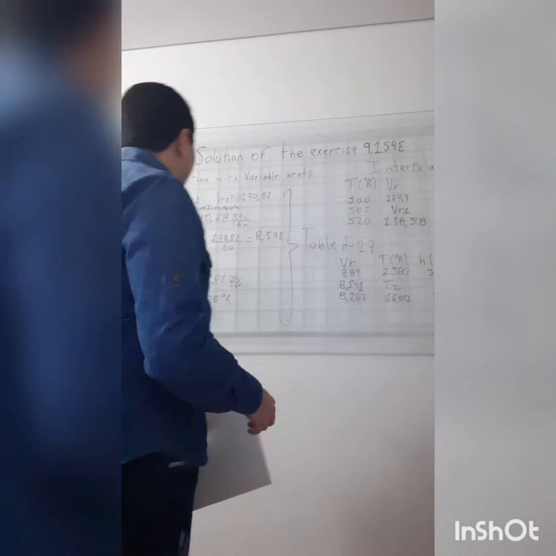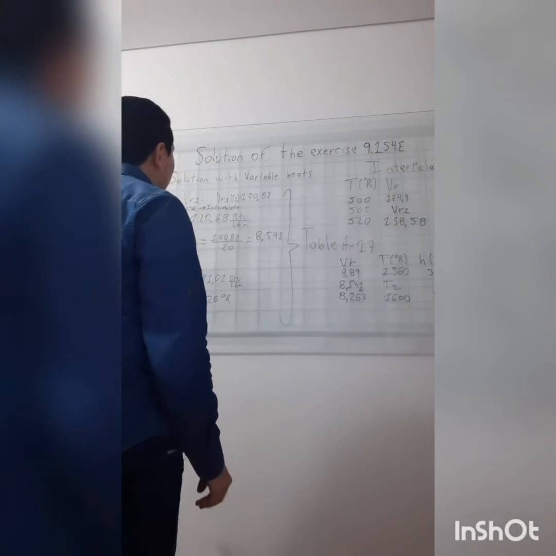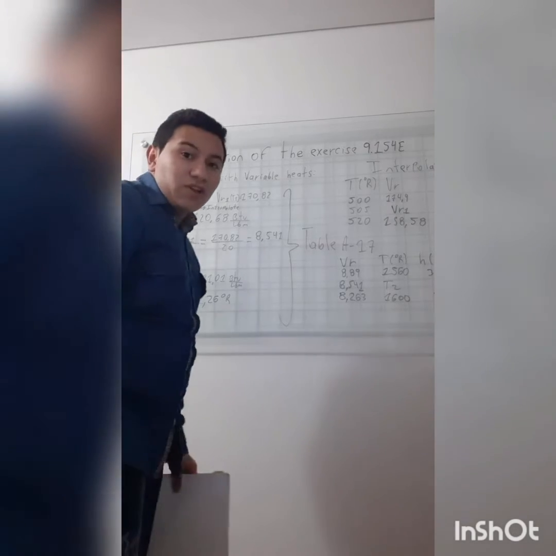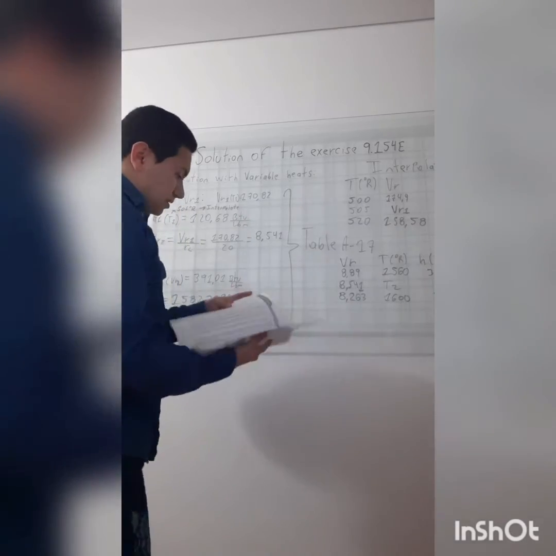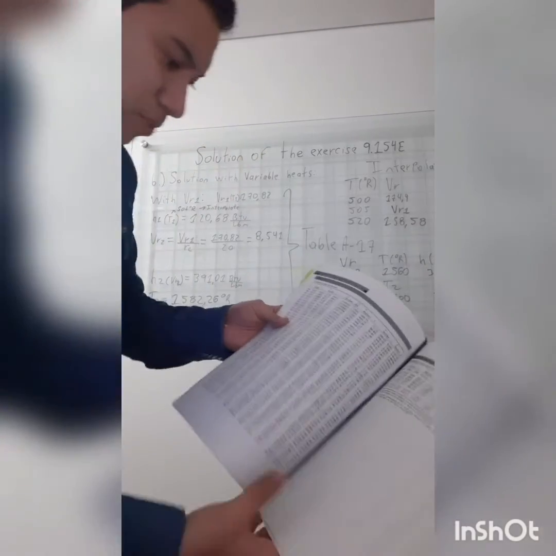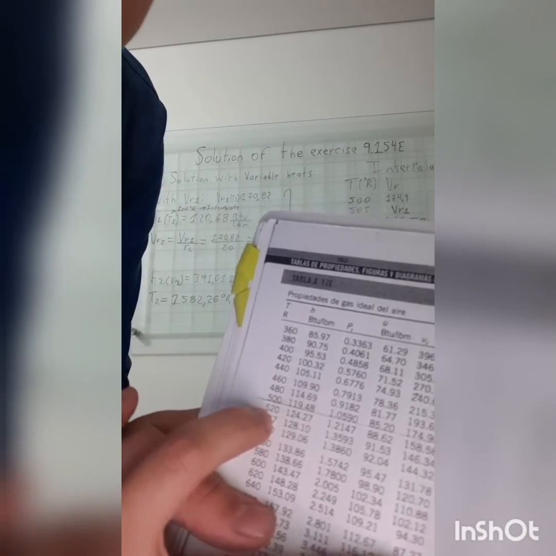For example, we need first the value of the reduced volume. See the table in this part. Yes, between 500 and 520.